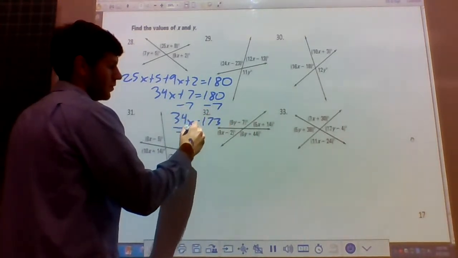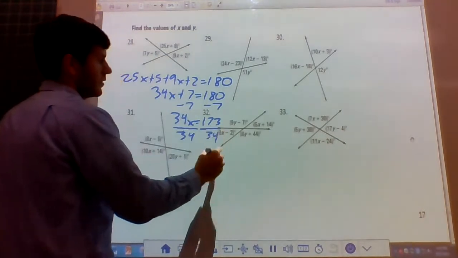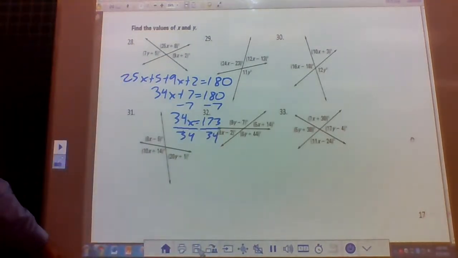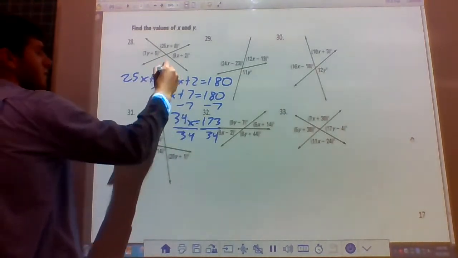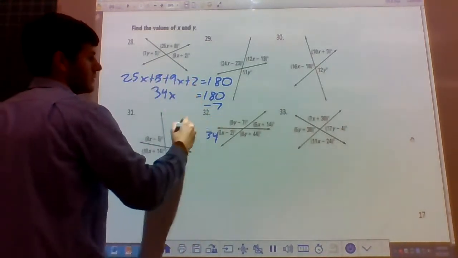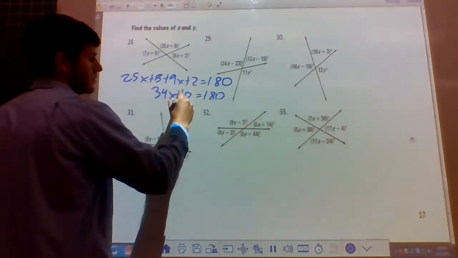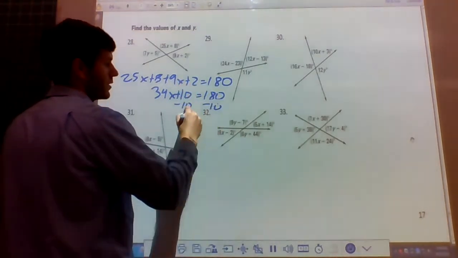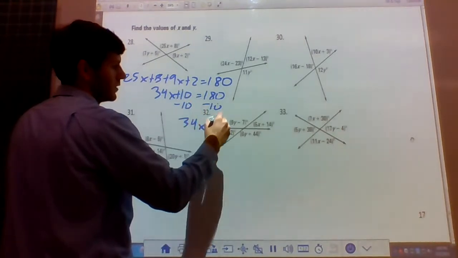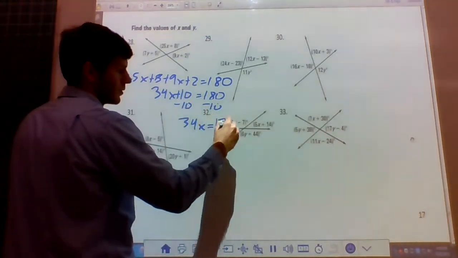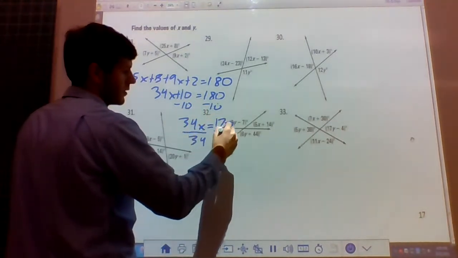Divide by 34. I'm sorry, this is 8. So this is 10. So we subtract 10 from both sides and we get 34x equals 170. That makes more sense.